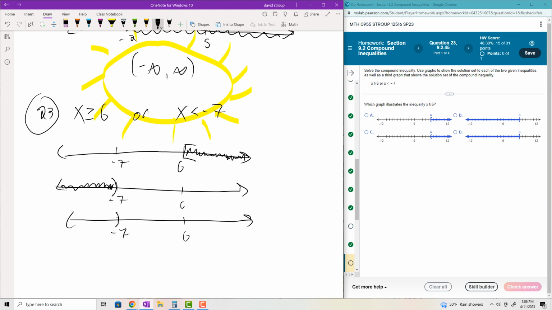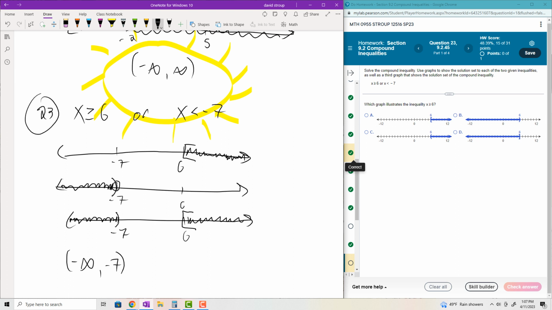So all of this stuff, but not including negative 7, there's kind of a hole there. And then everything beyond 6, and this time it is including 6. The shadow of 6 is on that third number line. To write up this set, the solution set, is a little more complicated. We'll have to go from negative infinity to negative 7.